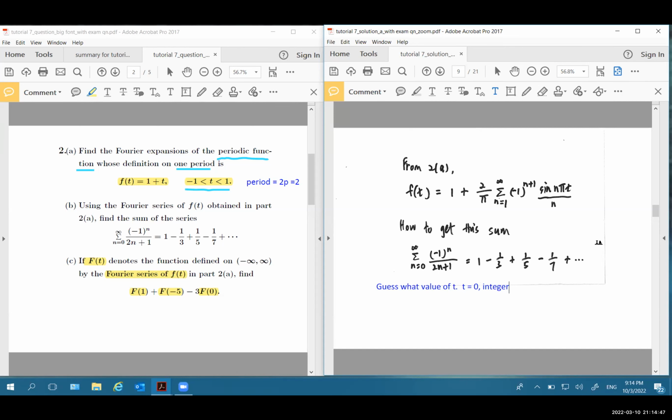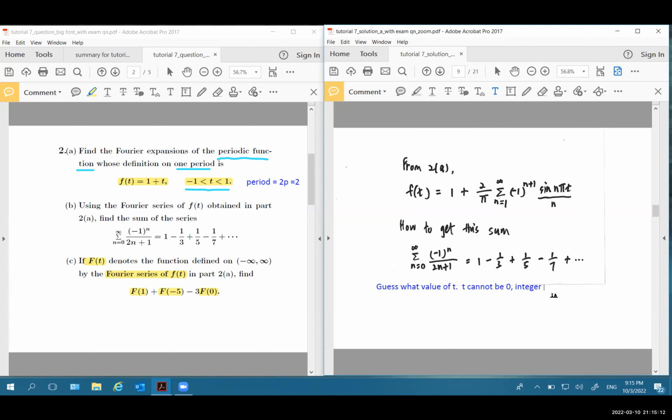Also 0. That's right, because your n here is also an integer. So integer times integer is also an integer, right? So you get sine integer pi, so you also get 0. So you know that t cannot be 0, cannot be integers.